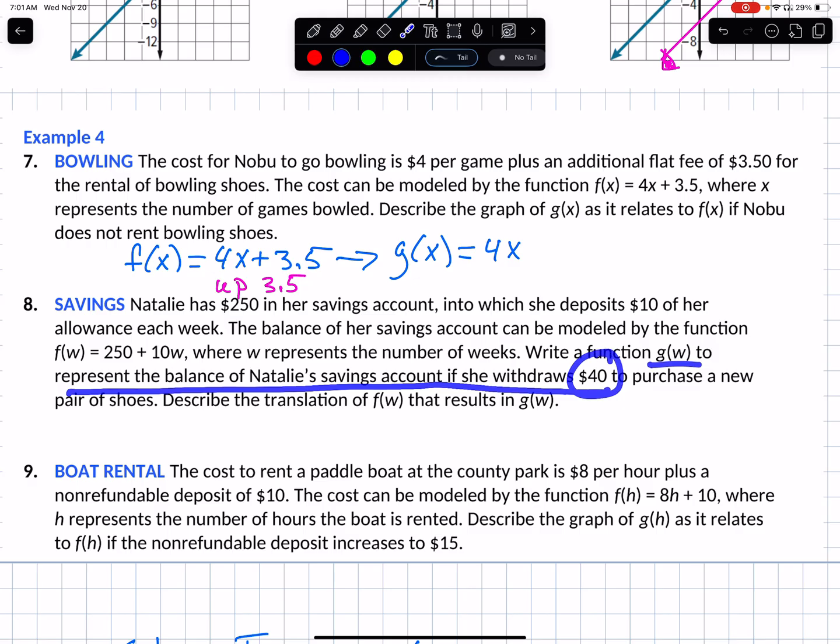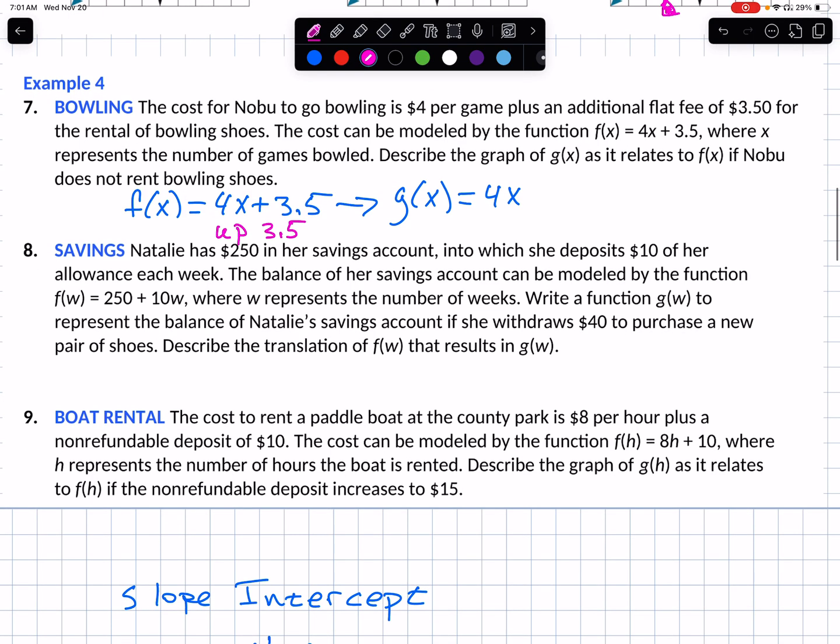So this $40 is going to be subtracted from $250. So we're going to write a new function, g of W equals, I'm going to write the slope first here because I want to train your eye to always do that. So we have 10W, and then if I subtract the $40 right here from the $250, I have $210 left.